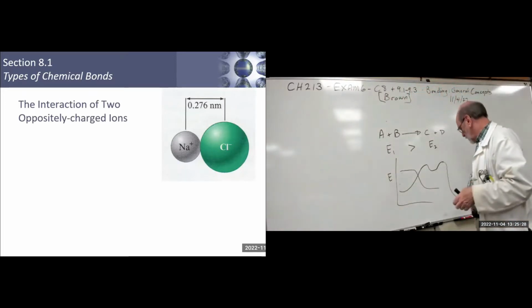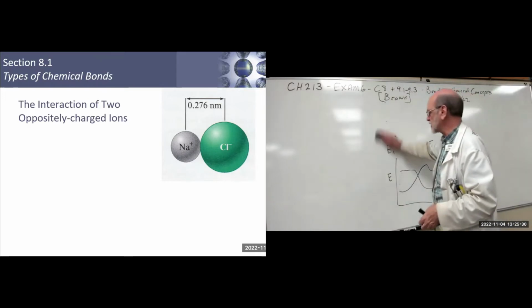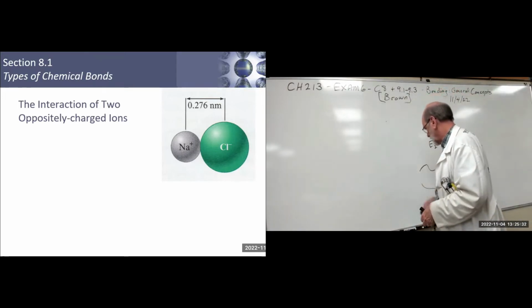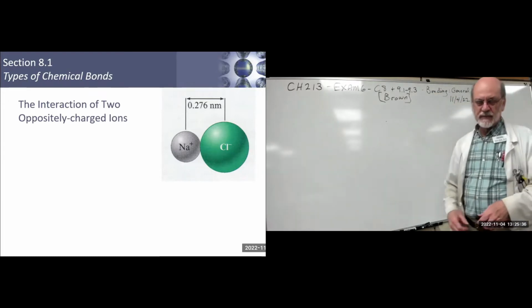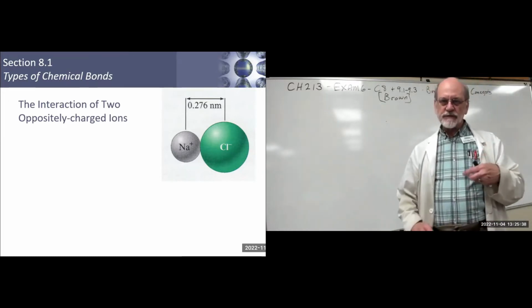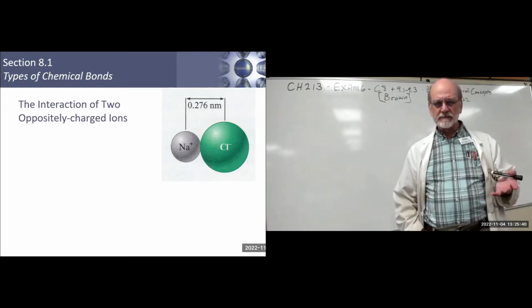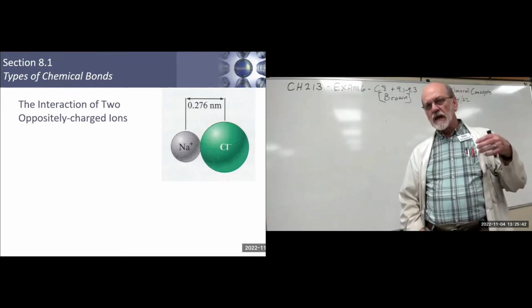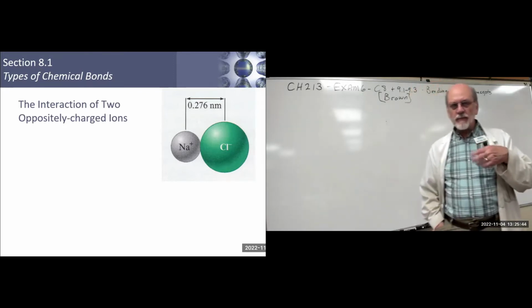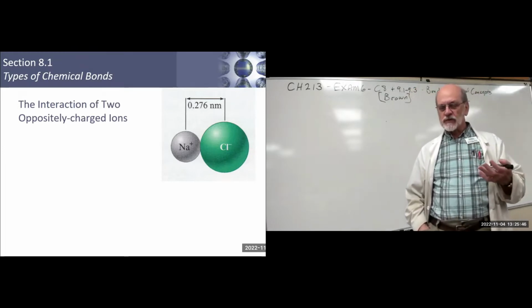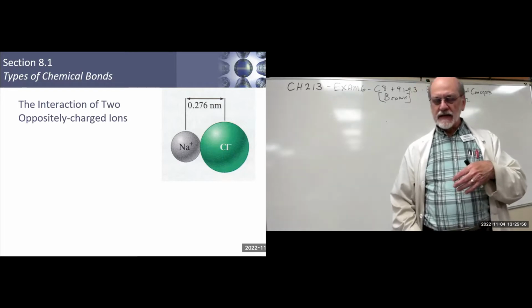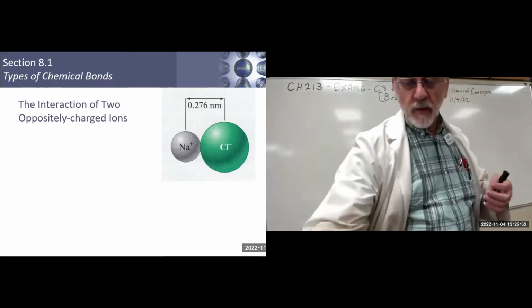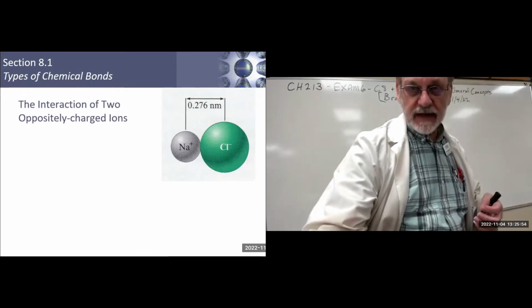So we have generally two types of bonds that we've discussed so far: the ionic bond and the covalent bond. The ionic bonds are fairly simple to understand. They are purely electrostatic attractions between a cation and an anion. And we can use what we know of electricity.